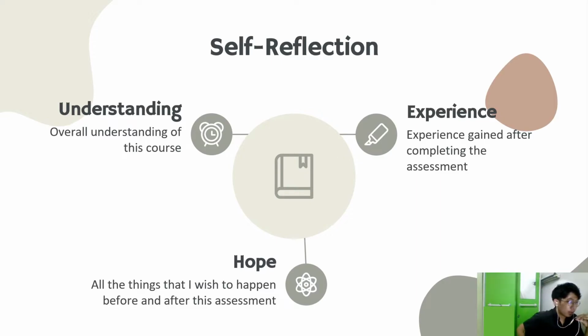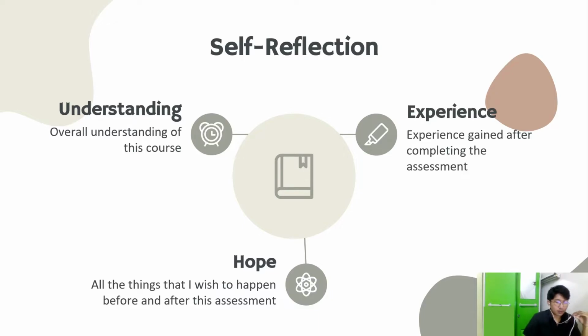My hope: all the things that I wished to happen before and after this assessment. Before this assessment, I wished that I had a much deeper grasp of this course. It's not that I do not understand anything.